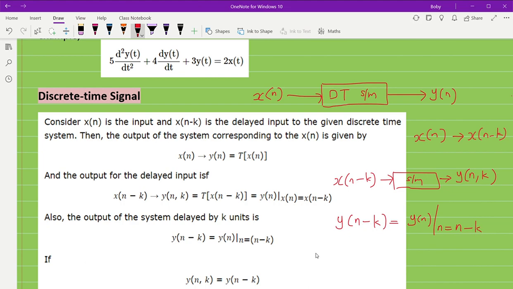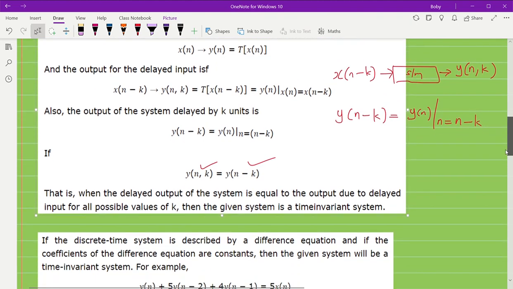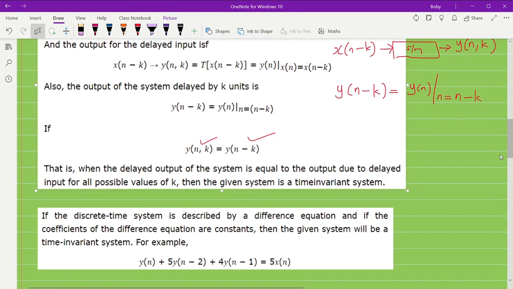So if these two outputs, y of n comma k and y of n minus k, are the same, then we can say that the system is time invariant. Otherwise, if this condition is not satisfied, we have to consider the system as a time variant system.